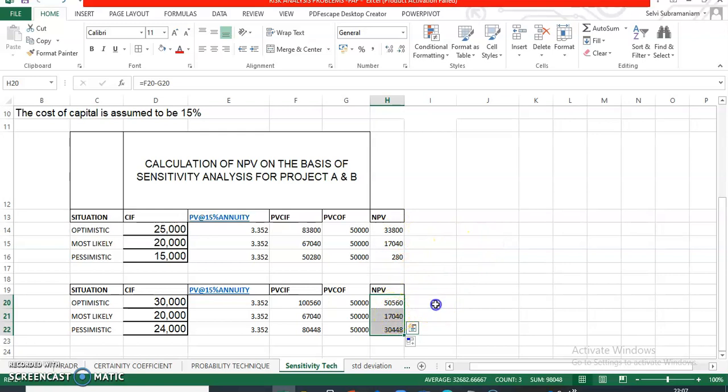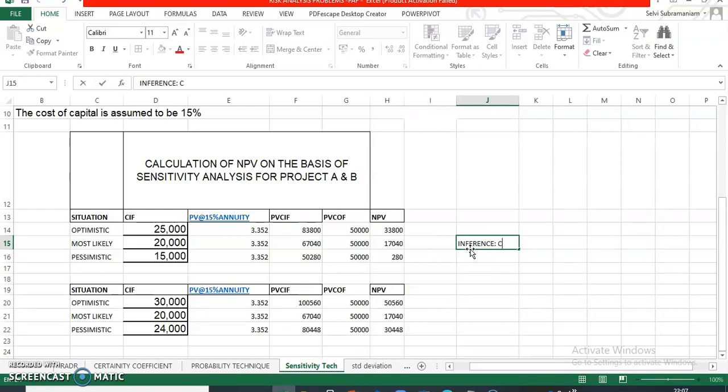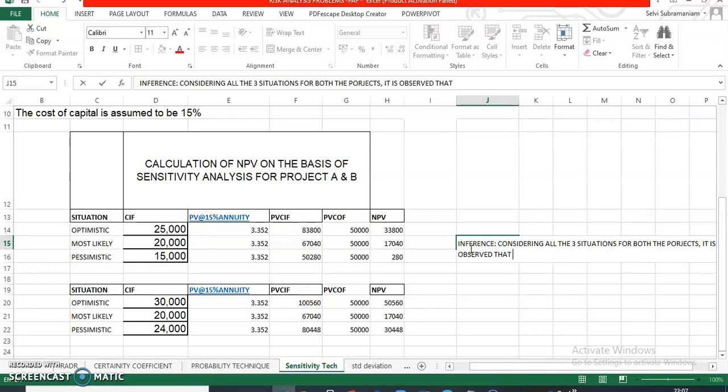So based on however the outcome, the values that I see, I am recommending something over here. That's given as my inference. So you may write, considering all the three situations, right, for both the projects, it is observed that project B will be profitable in all ways.